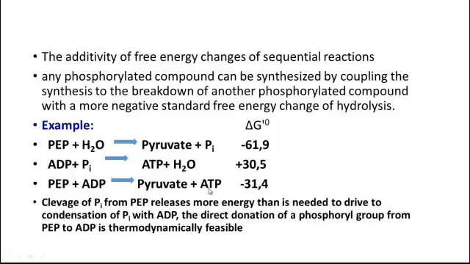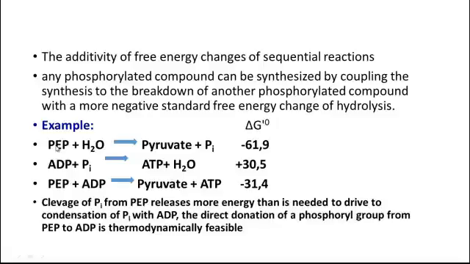This is the final step of the pathway, and it proceeds via two steps. The energy produced in this reaction and the energy produced or consumed in the other reaction are additive, meaning we can add them.